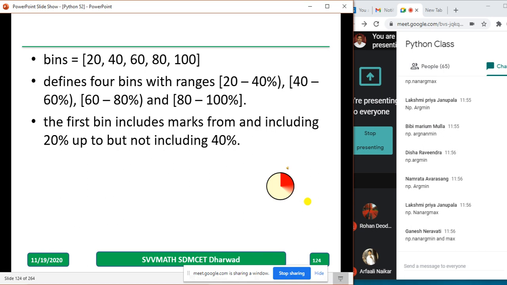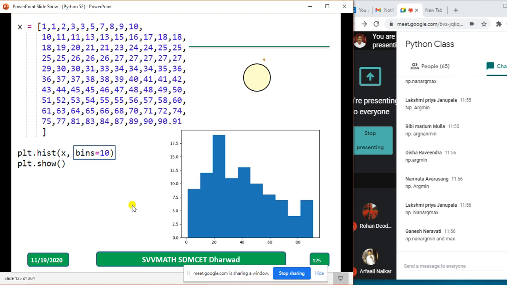Let me show you one sample program and the result, also a histogram. See, this is not marks, it's age. I have taken some ages 1, 2, 3 up to 100, 99. I am taking bins 10. When I say 10, it will take 0 to 10, 10 to 20, 20, 30, 40, 50, 60, 80, 90 like that. And I am plotting the histogram and showing it. Now what I do is, the bins instead of 10, I can make 20, I can make 5.